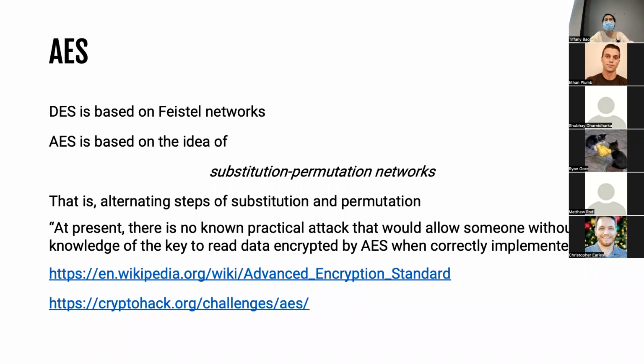So far, AES is known to be computationally infeasible to break, meaning someone can still brute force it, but it would take a very, very long time. That's why we consider AES secure enough to use in daily practice.